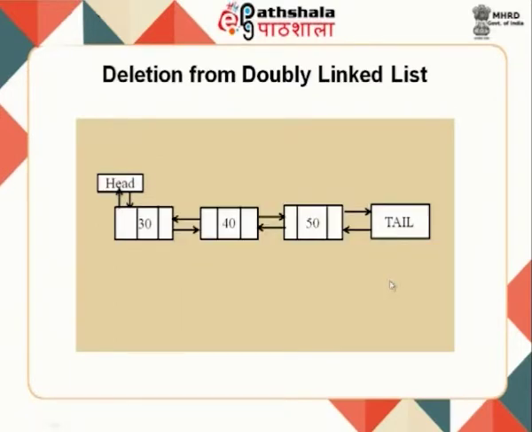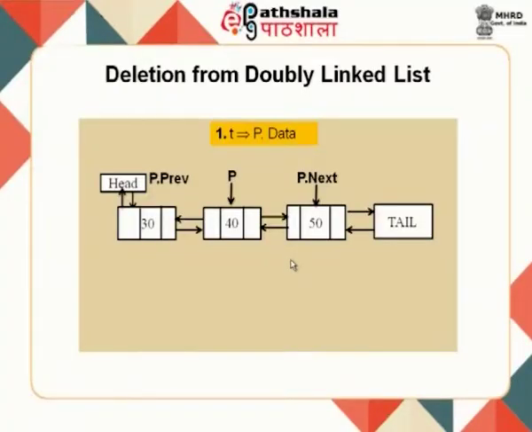So, similarly, you can delete a node from a doubly linked list. Again here, this is the element p, and t is equal to p dot data. This is p dot previous, this is p dot next. If you understand and keep it this way, it is much easier to understand. So, first thing is p dot next dot previous, this is p dot next address, that previous has to point to p dot previous.